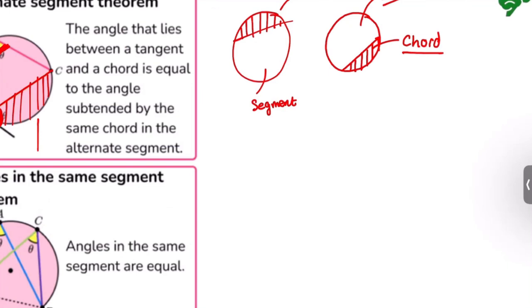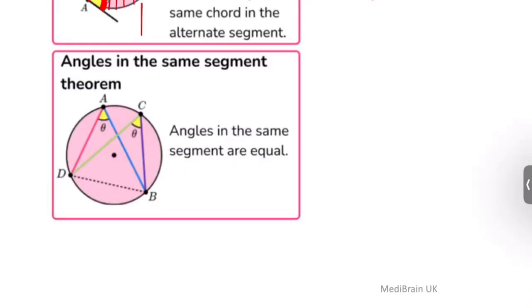Remember, over here we have a dotted line drawn between D and B. When you have angles that are in the same segment, over here we can see these two angles are in the same segment, they are next to each other, both of those angles will be the same. Likewise, this angle over here, angle D, is going to be the same as angle B, because both of them are opposite to each other and they are also in the same segment.